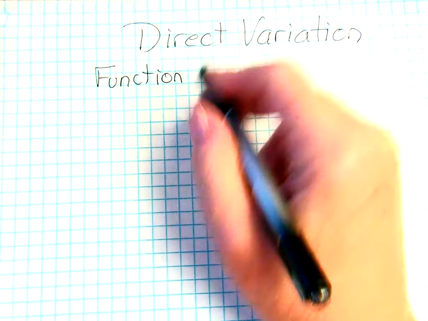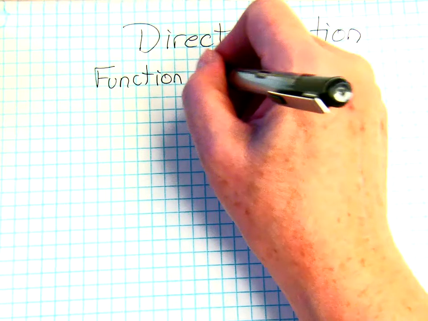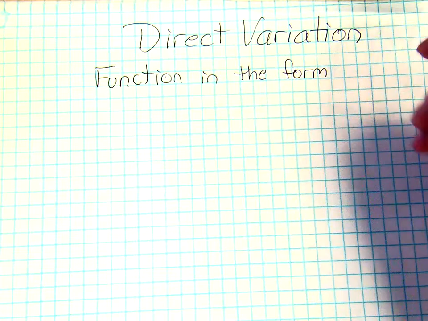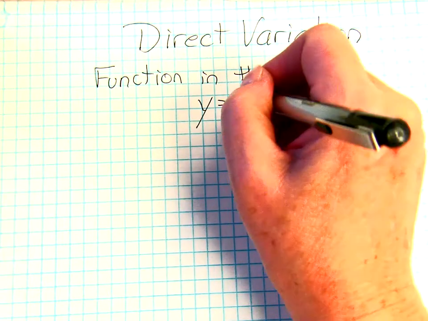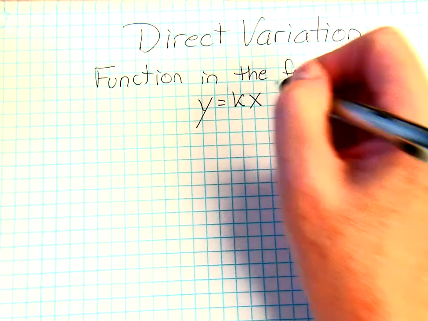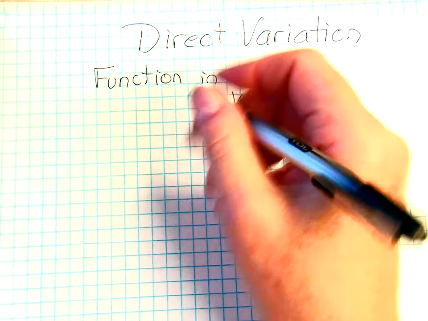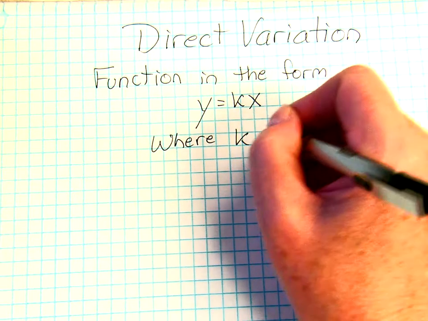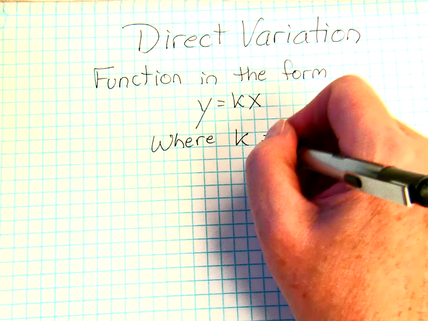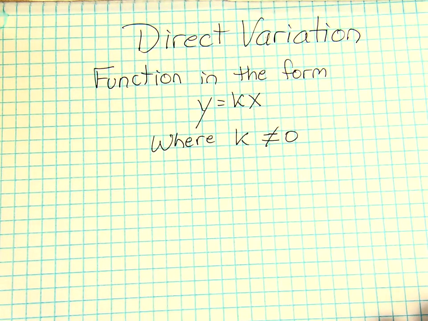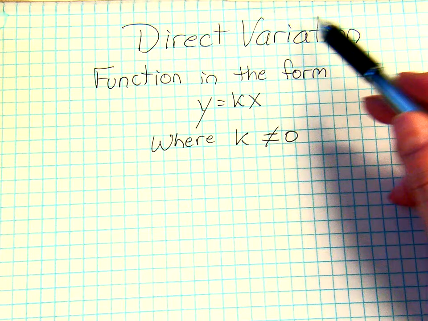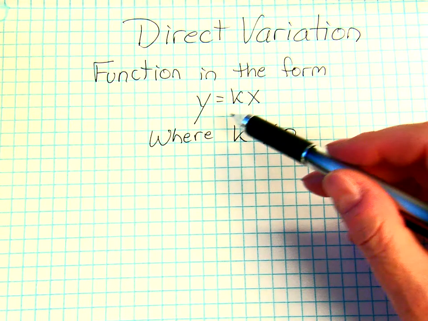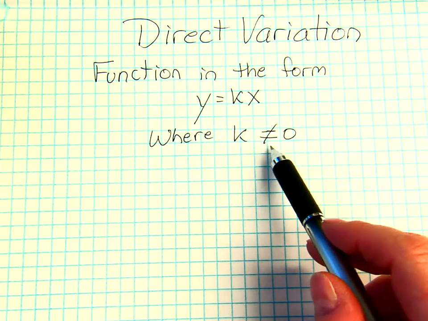A direct variation is a function in the form y equals kx, where k does not equal 0.